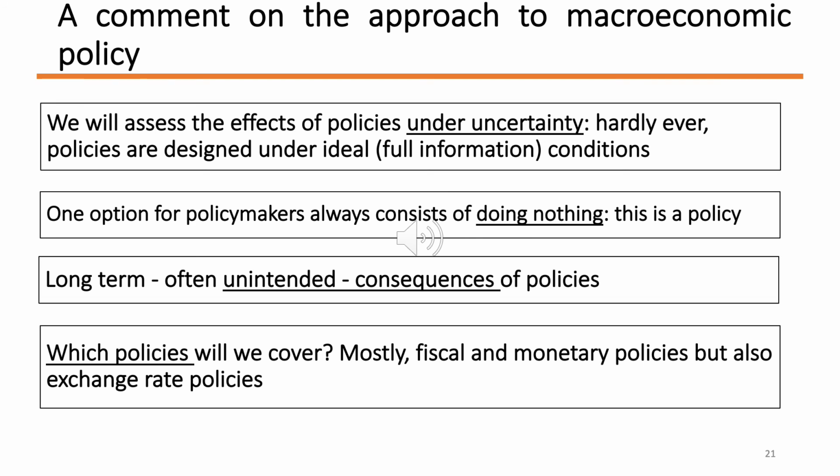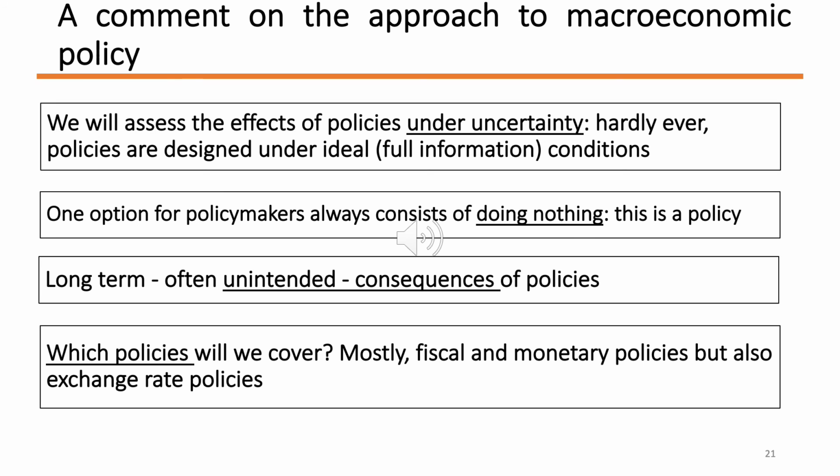Another thing you need to remember, and we're going to stress throughout the module, is that we will need to focus on the effects of fiscal and monetary policies on the medium to long term, because quite often, even though policymakers may not have taken them into account, there are unintended consequences of policies.